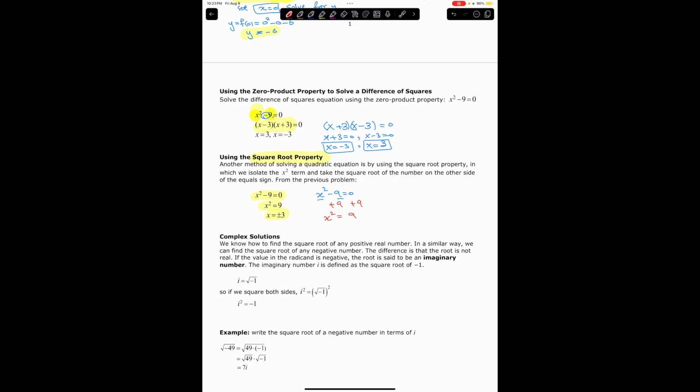Here is a trick though. Some of you might say, I'm going to take the square root of both sides, but please don't forget that you have to include the positive and negative options. The reason is that both negative 3 and 3, if you square them, you're going to end up with 9. Similarly, negative 2 and 2 give you 4, and so on. So both the positive and the negative number squared will yield the same result.